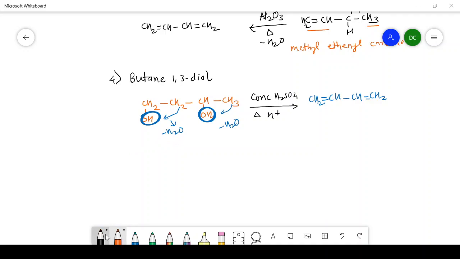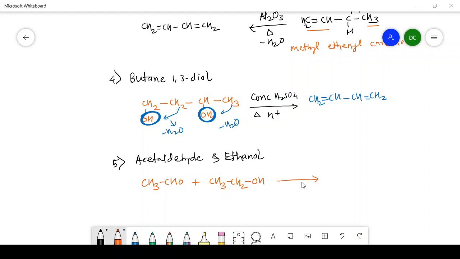And the next method of formation is once again from acetaldehyde and ethanol. In this reaction, what happens? I will write acetaldehyde CH3CHO plus ethanol CH3CH2OH.